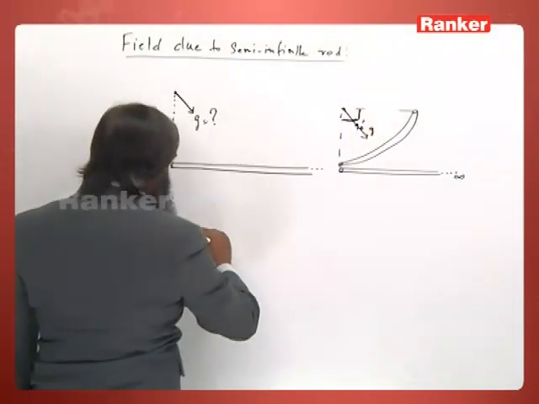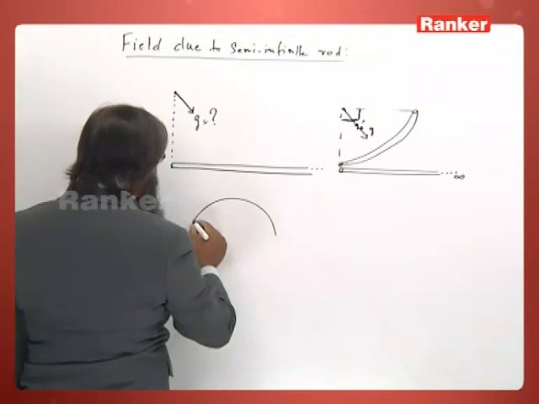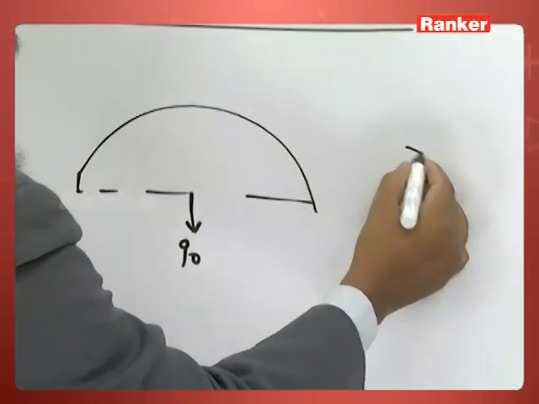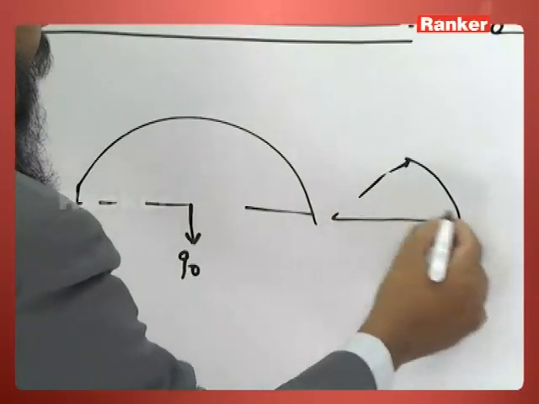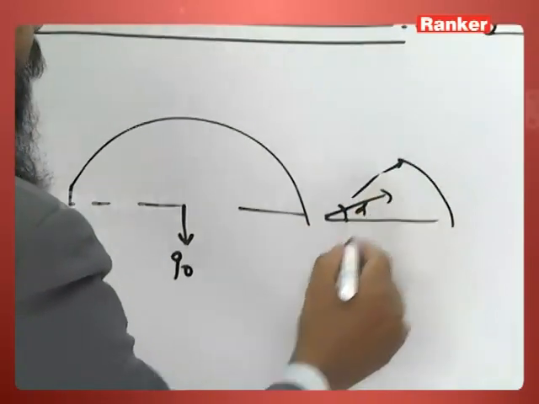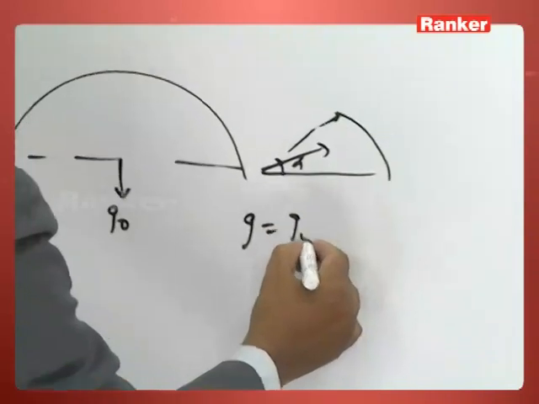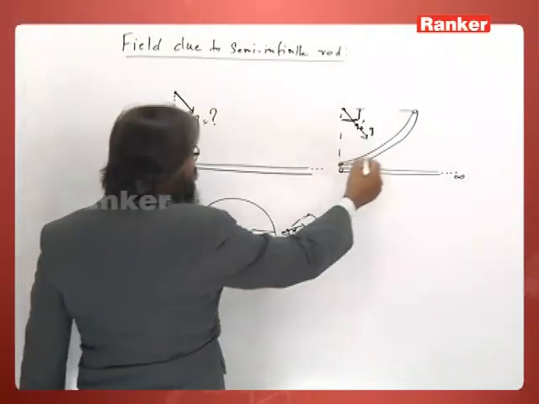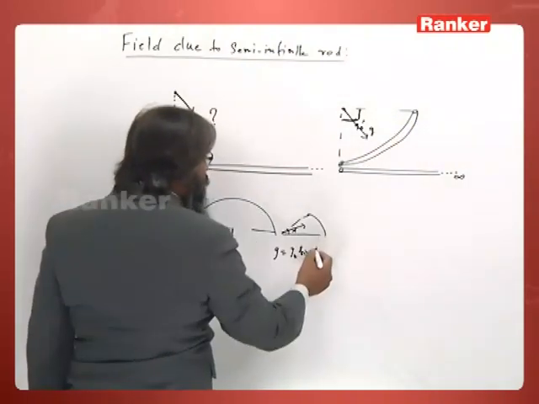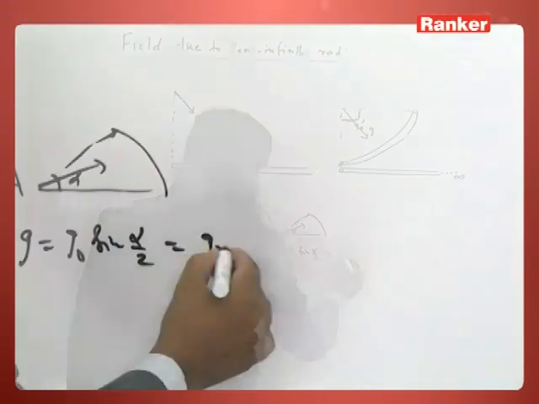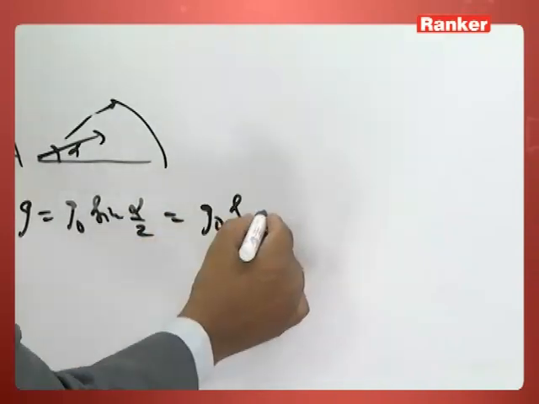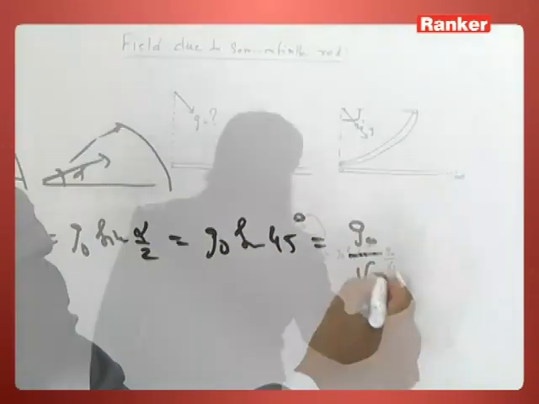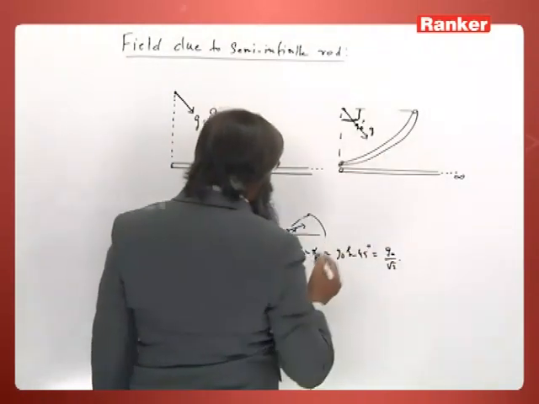Just recall this expression: if we have a 90 degree arc, it has G naught, and due to an alpha angle arc, we have a field here, G equal to G naught sin alpha by 2. In this arc, the angle is 90, so we write G naught sin 90 by 2, that is 45 degrees, that is G naught by root 2.